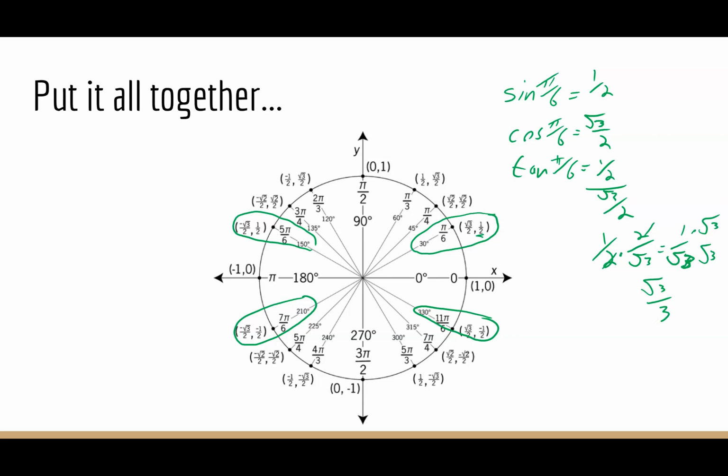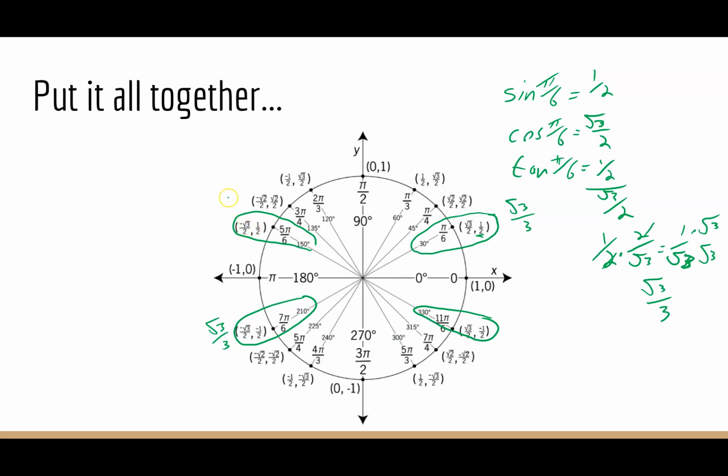What I would recommend is going around the circle and doing the tangents wherever you can. Each of the 4 points I listed will have the same tangent outcome, except it's going to be positives and negatives. So here it's positive over positive, stays positive. Down here it's negative over negative, also turns positive.